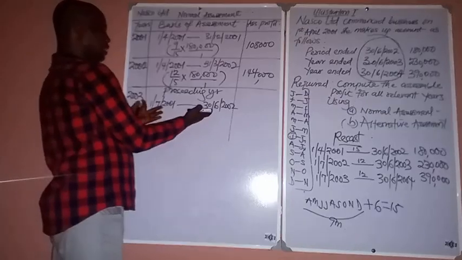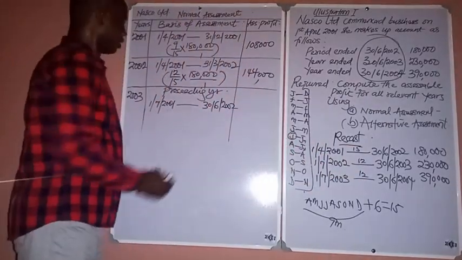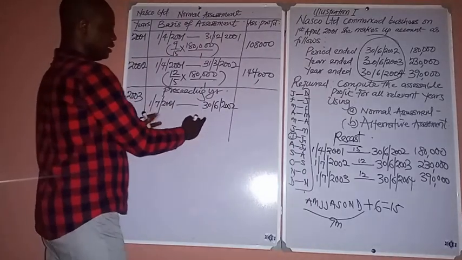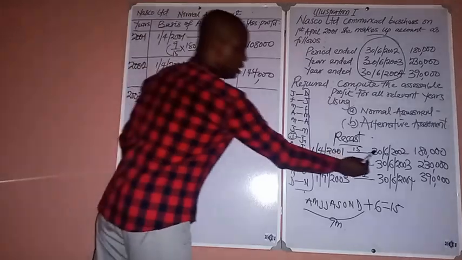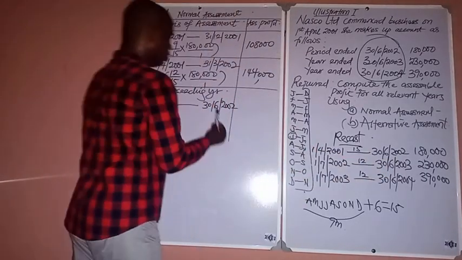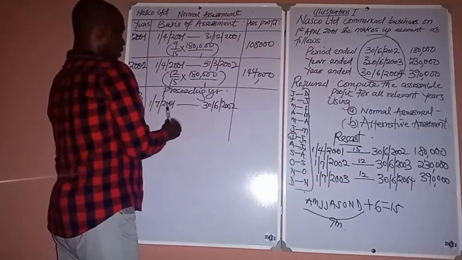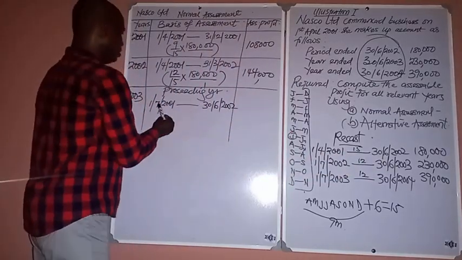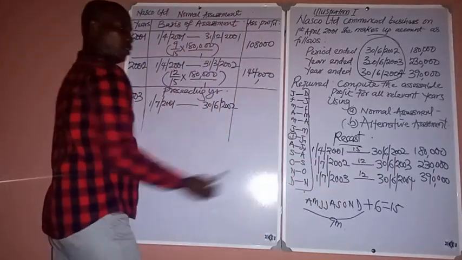So we're going to look where these dates fall inside here, then we'll take our proportion. If you look at this, let's check. The last date, 30/6/2002, is here, 30/6/2002. Both of them are the same. So this one ended here, this one ended here. That simply tells you that the whole of this date is still inside the first one. All of them are here.